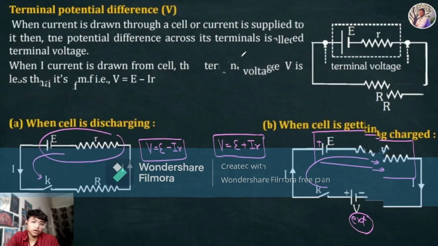In the second branch, it will be x minus 0 upon 4. And in the third branch, x minus 20 upon 8. And the sum is equal to 0. We will find x, and after x, we will find all the currents in the branches.